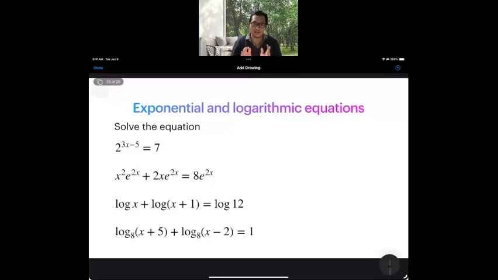But how do we add log? In calculus, we usually add the ln, because ln is basically log with base e, which we are able to differentiate easily.